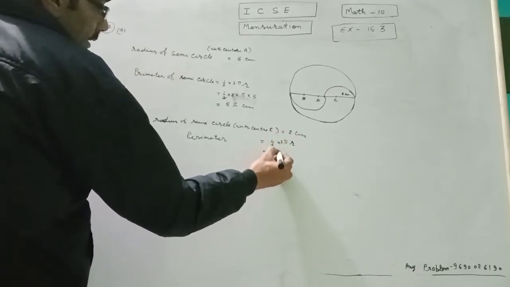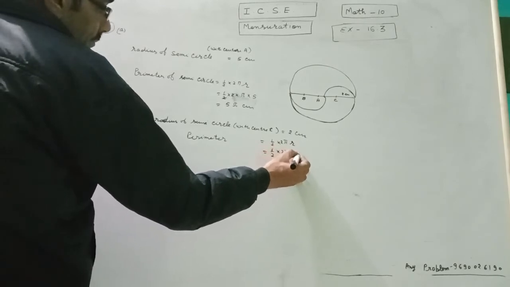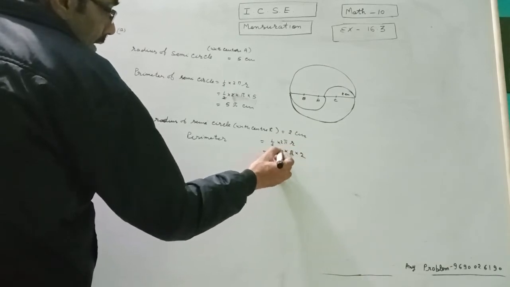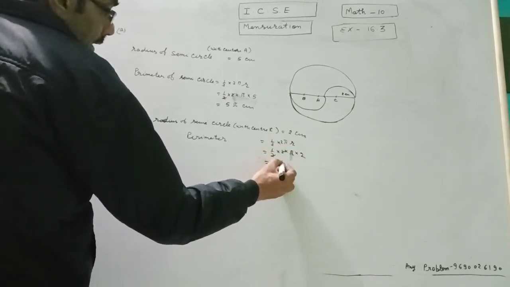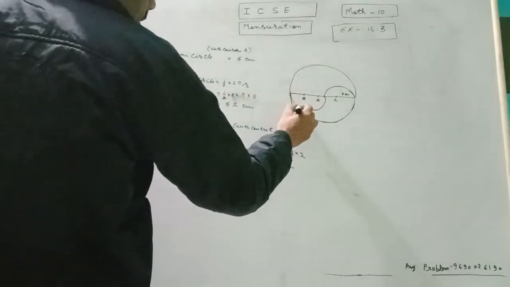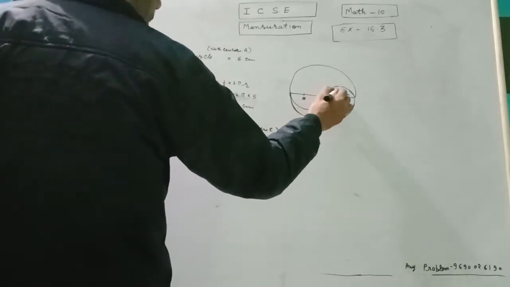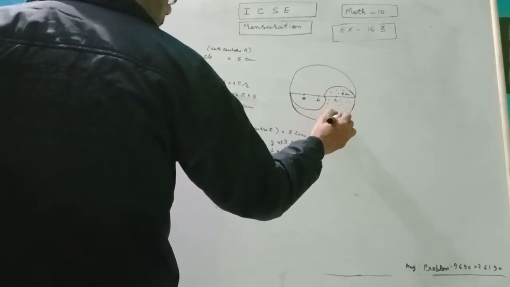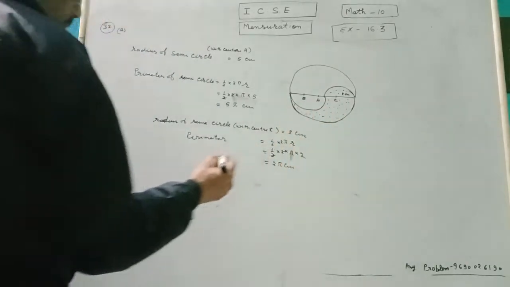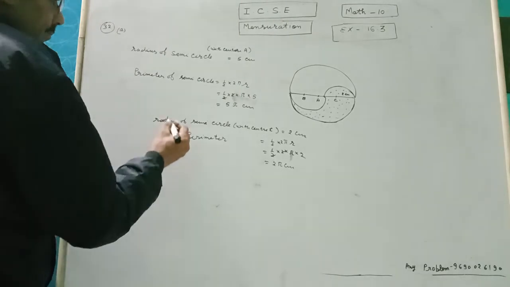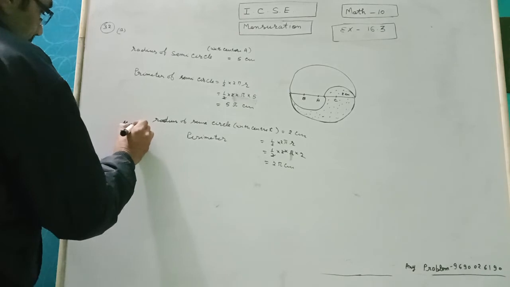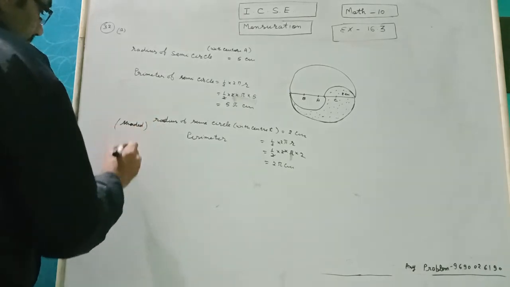This time r is equal to 2 cm. Pi is pi and 2, 2 divided by 2, 2 pi cm is this part, which is shaded. That part is the shaded part. Shaded, unshaded.